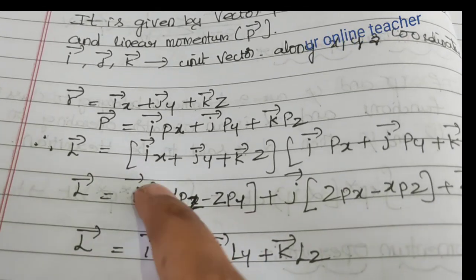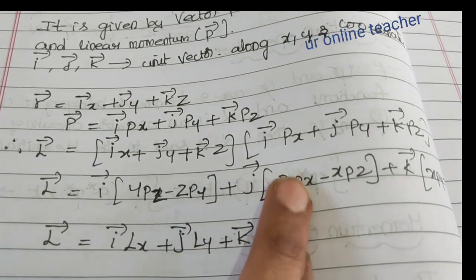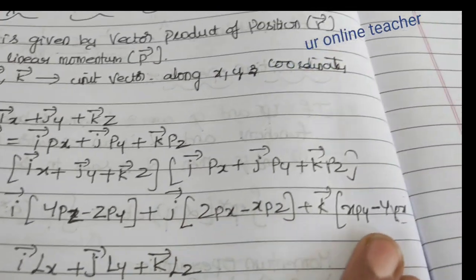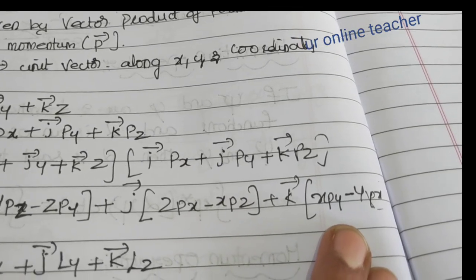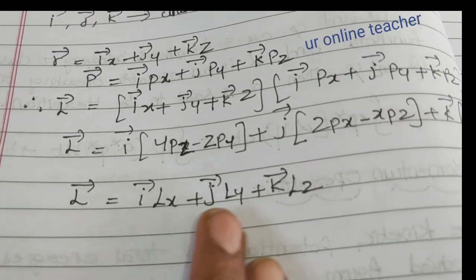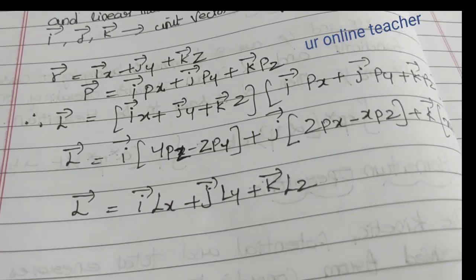So L is equal to i (y p_z minus z p_y) plus j (z p_x minus x p_z) plus k (x p_y minus y p_x). That is equal to i L_x plus j L_y plus k L_z. Like this we can derive. Thank you.